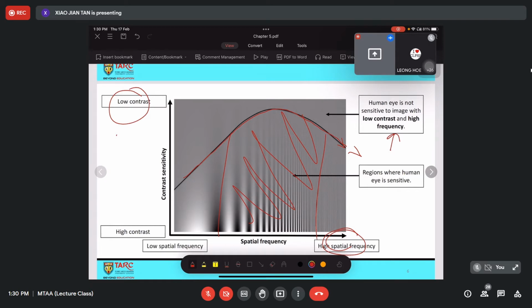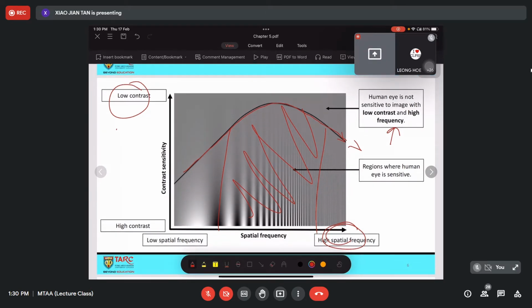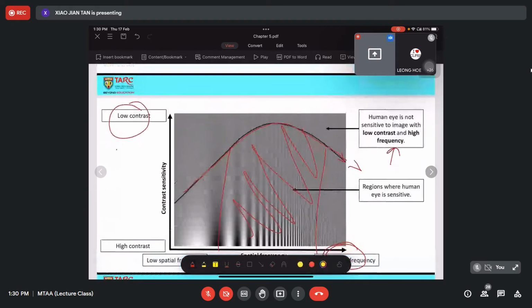In image processing, we are exploring the limitations of humans. If we know the information from this region is less likely to be perceived by the human being, what is the point of retaining information from the yellow region?